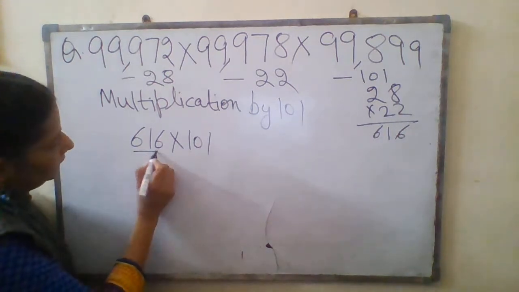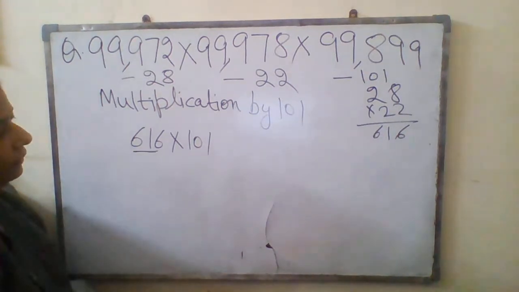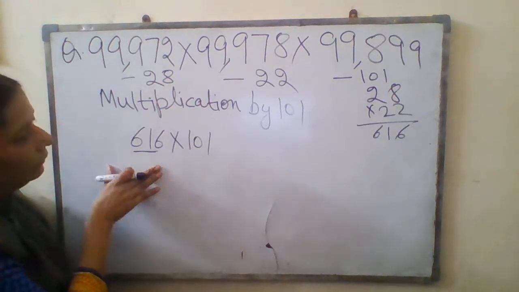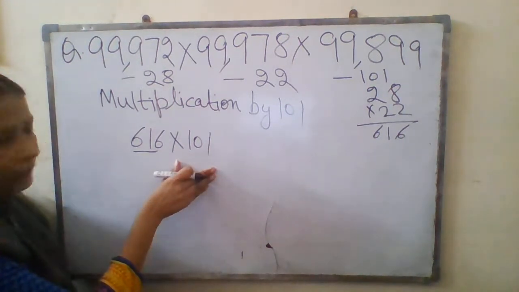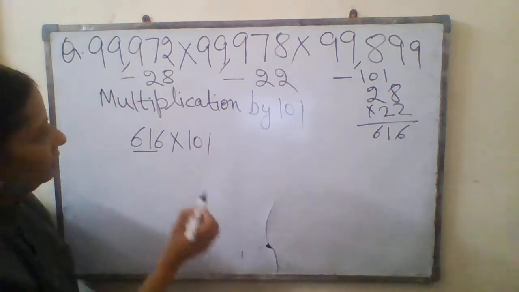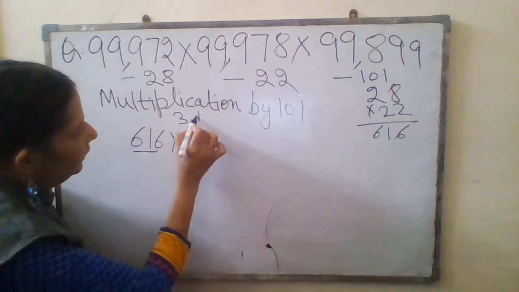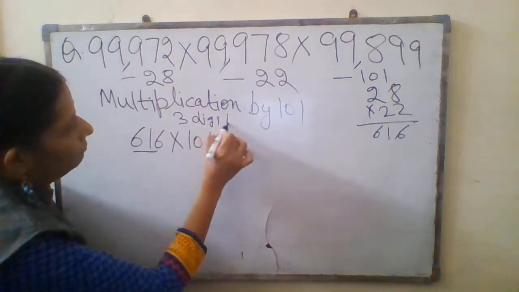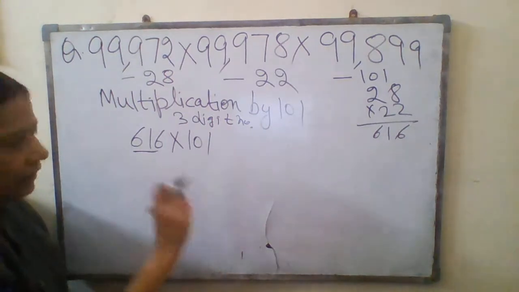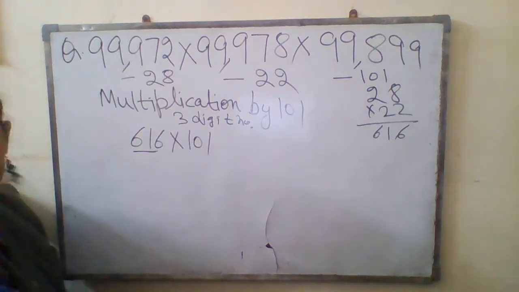This is a 3-digit number, and I am going to multiply a 3-digit number with 101. So I should write here: multiplication of a 3-digit number by 101.